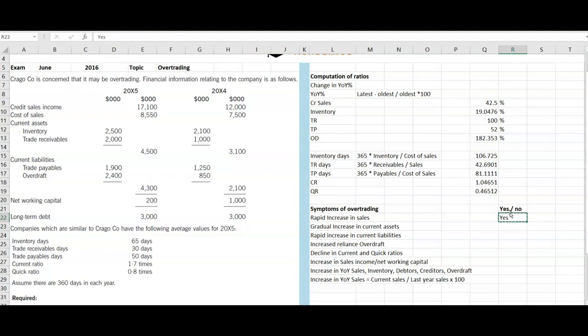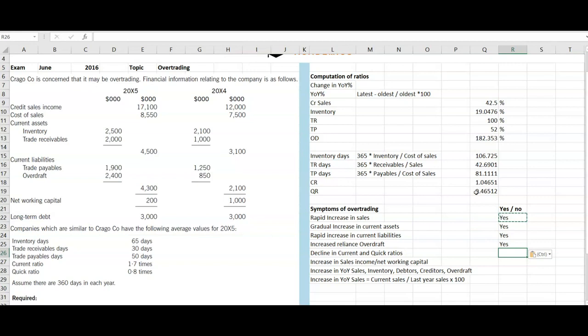Is there a gradual increase in current assets? Current assets has increased from 3100 to 4500. Yes. Is there a rapid increase in current liabilities? The current liability is like doubling here. So yes. Is there an increased reliance on overdraft? Overdraft has gone up 182%. So again, yes.